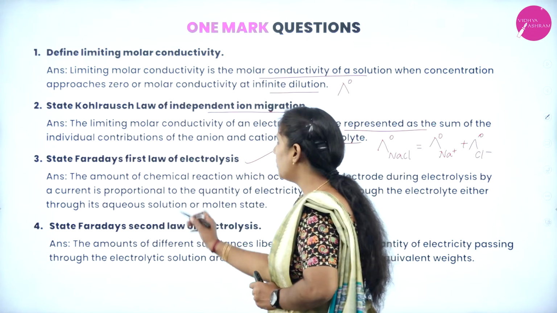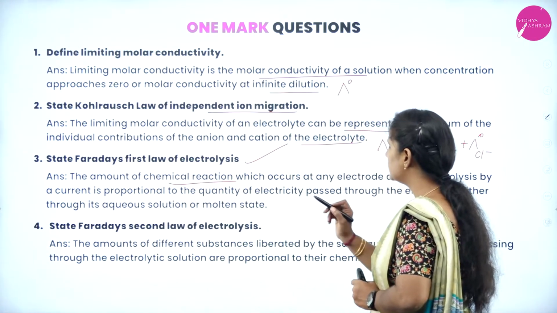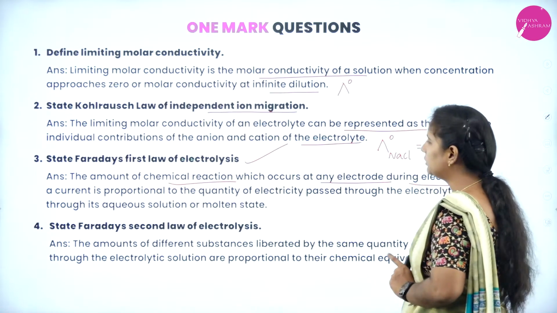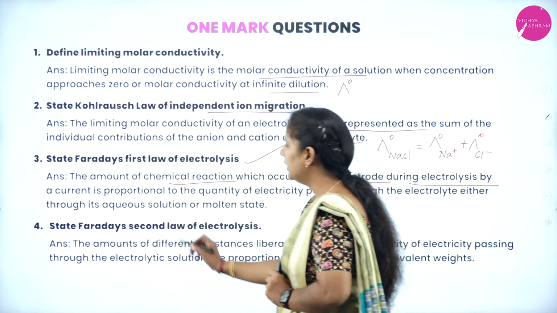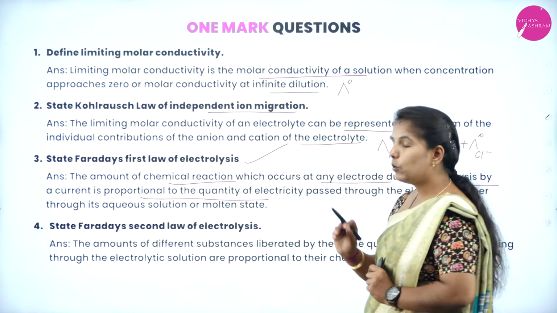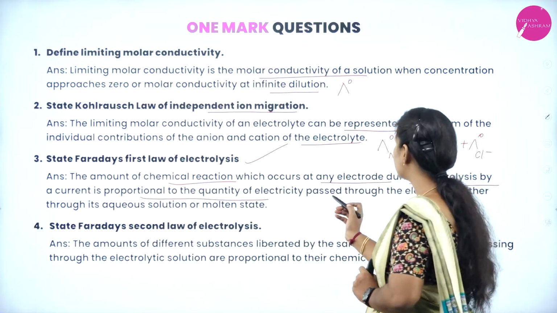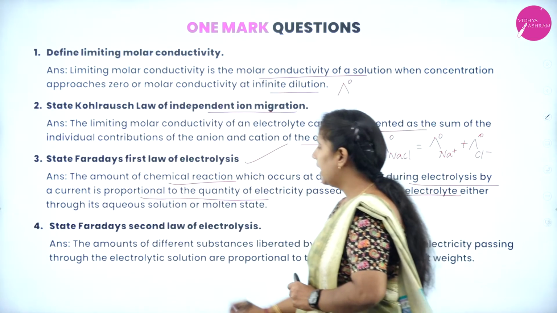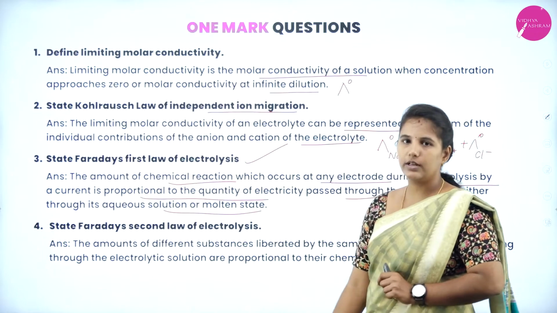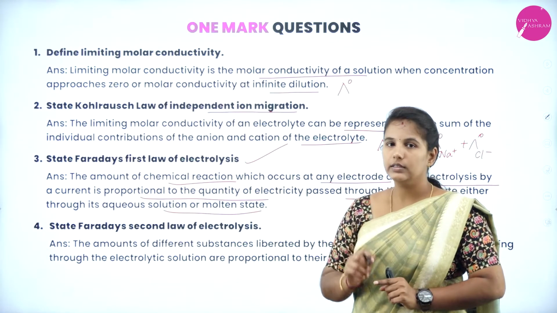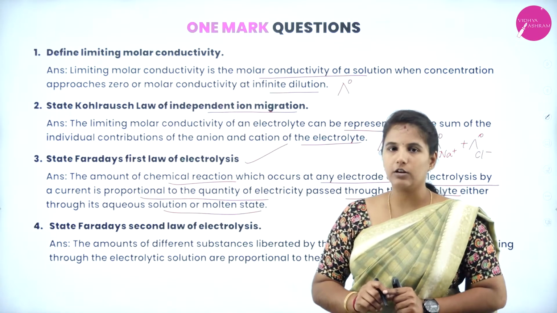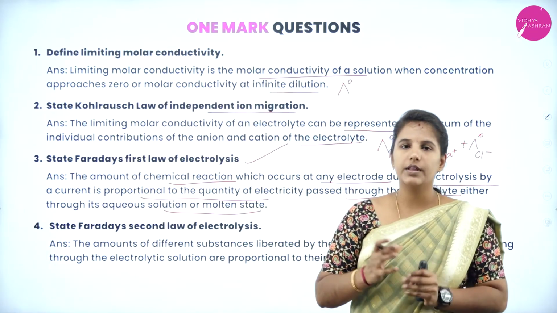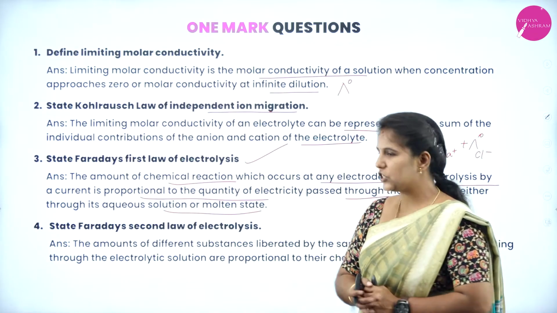The amount of chemical reaction which occurs at any electrode during electrolysis by a current is proportional to the quantity of electricity passed through the electrolyte, either the aqueous solution or the molten state. That is Faraday's first law of electrolysis. How much current you pass through the electrolyte, both are proportional to each other.